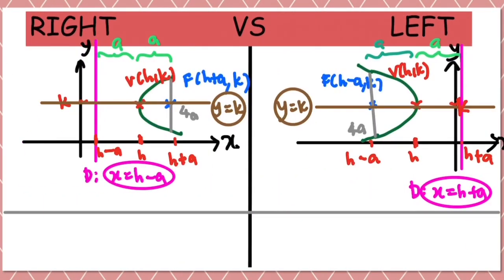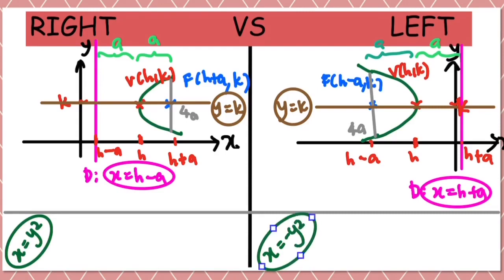Let us see now the general formula for graphs opening right and also opening left. Let's write the general quadratic formula first. This is just x equal to y squared for the general formula. And for this one, x is equal to minus y squared. So let us write the general formula right now, where your square will be on your left hand side and your linear will be on your right hand side.